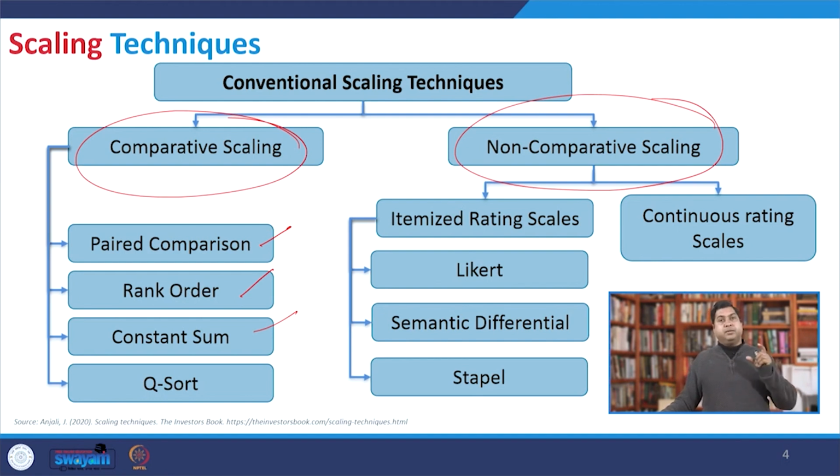So from there also we can say the first one is rank 1, the second is rank 2, because of the values. So from this constant sum we can also find out the rank order. Even from pairwise comparison we can derive the rank order at the end after computation.